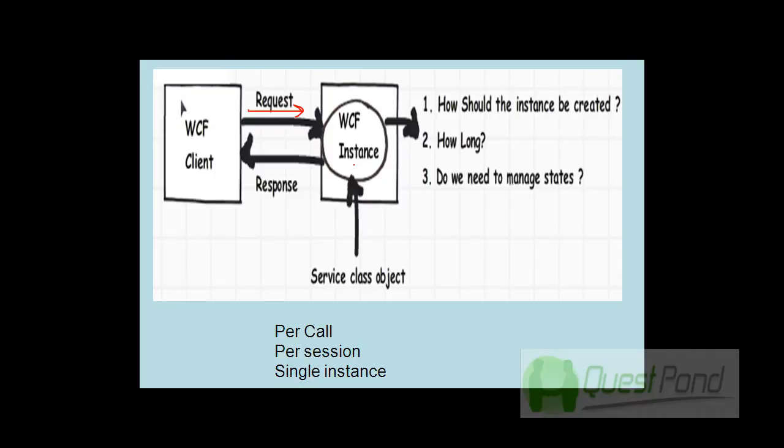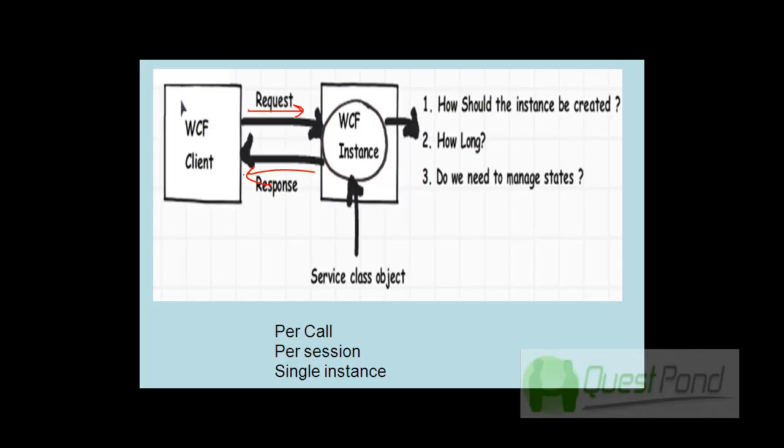If you remember, we had an interface, a service contract, and that service contract was later implemented by a concrete class. So an object is created of that class, and that class serves a response to the client. So whenever a WCF client sends a request, an object is created, and that object responds back to the client.